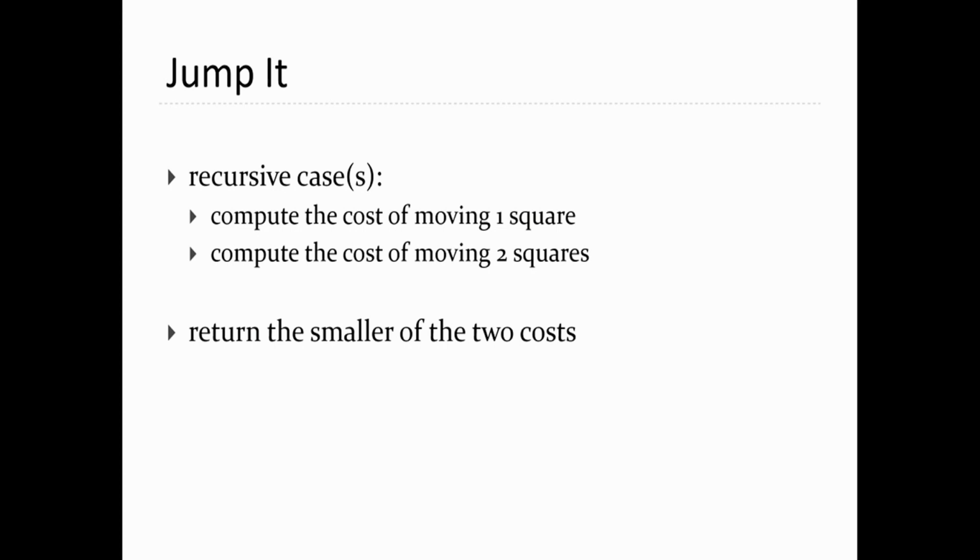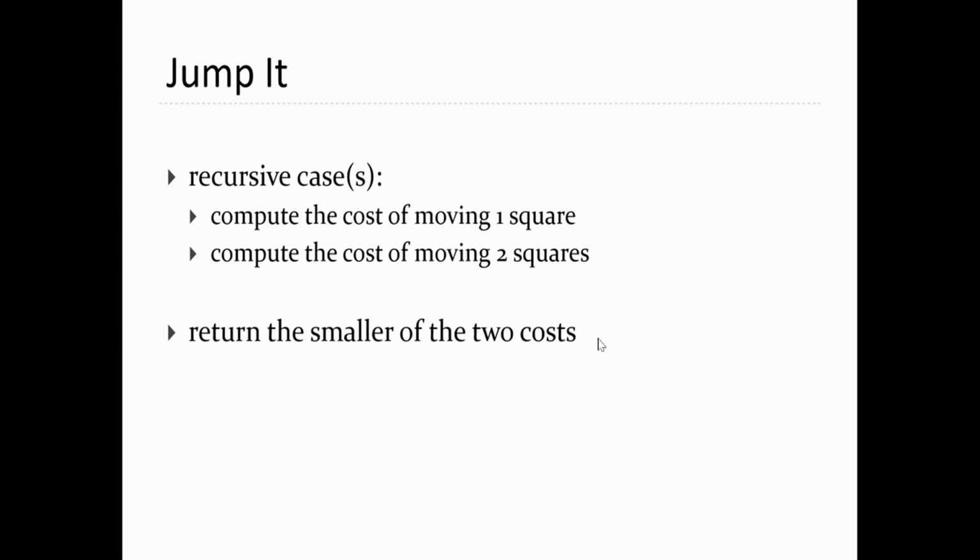And then I need to calculate the cost of solving the rest of the board. Alternatively, I can take 2 steps. I can jump over 2 squares. I can just look ahead in the list 2 spots from the current position. And then I need to calculate the total cost of solving the rest of the board.